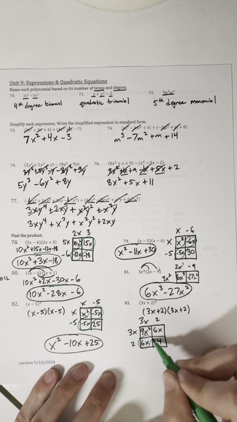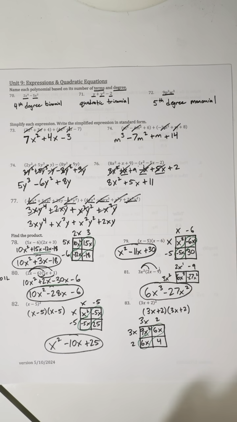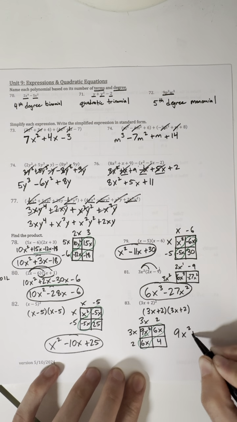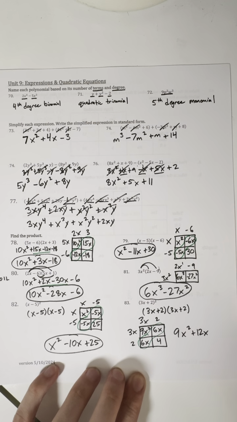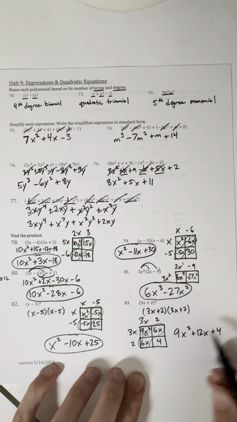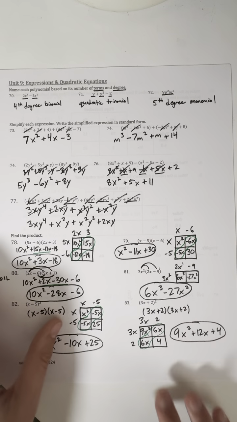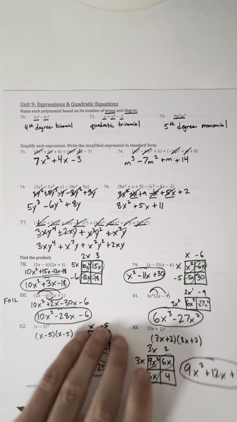Last one of these, I can combine like terms. So I get 9x squared, these make, I'm adding them, so they get 12x, and then plus 4. Just like that. All right, first page done. On to the next.